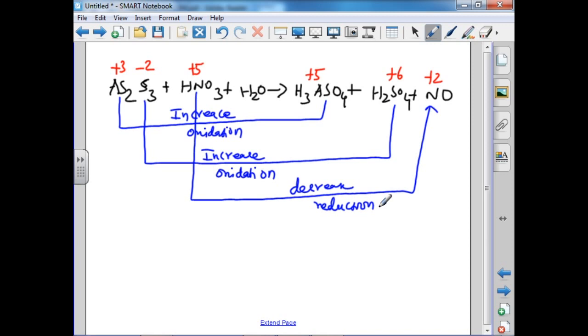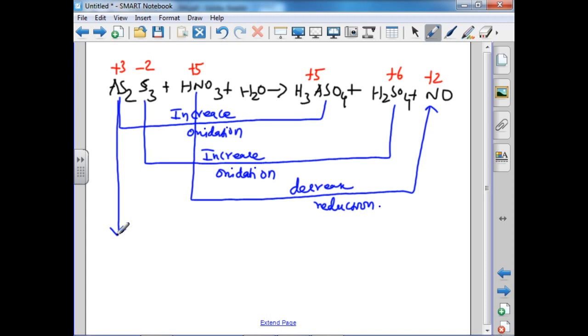So next, how much amount of electrons lost and gained. Next we are going to calculate how many electrons are lost and how many are gained. So cross multiply the respective formula with a suitable integer.